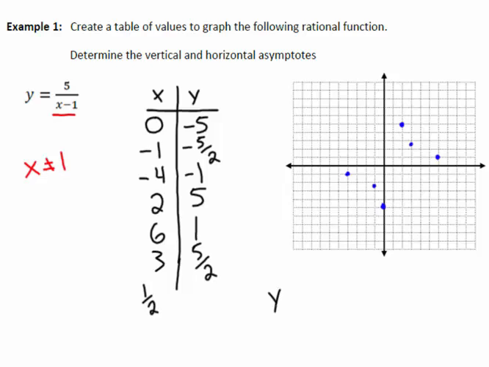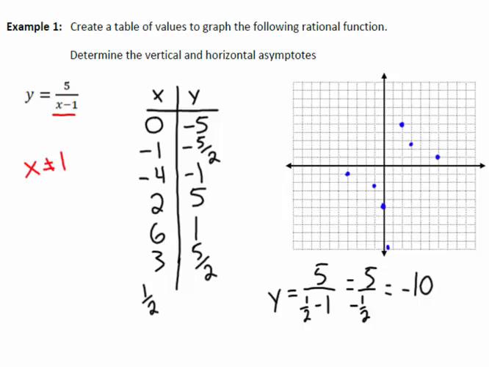If we put that into our function, the math is a little bit trickier, but we get 5 over 1/2 minus 1, which is really just 5 over negative 1/2. And remember, when we divide by negative 1/2, it's the same as multiplying by 2, which is really just negative 10. So at 1/2 on our graph, we're down here at negative 10.